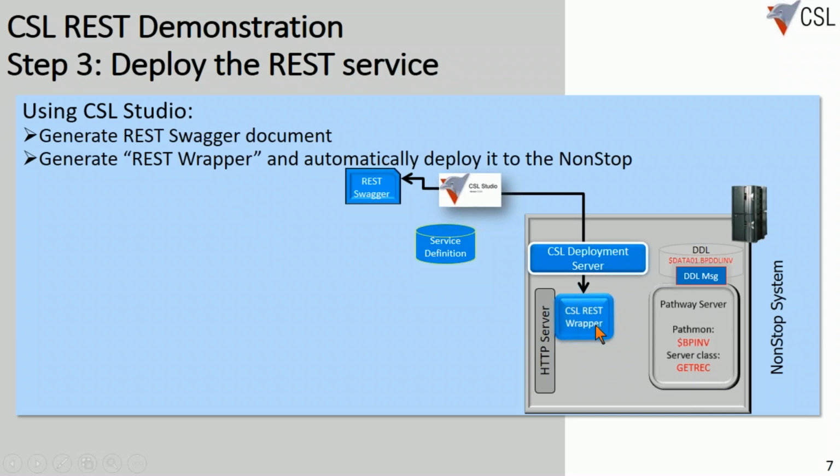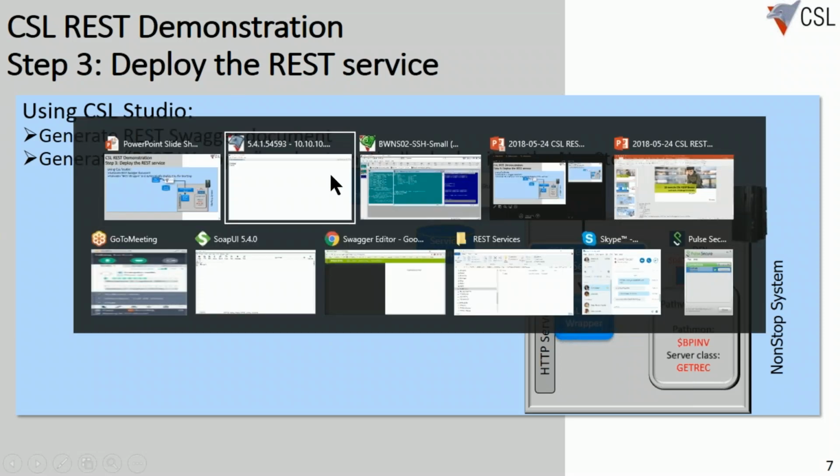So the swagger document is very important. We'll also then be generating from the service definition and deploying a CSL REST wrapper. This is deployed as a pathway server class. And again, the job of this wrapper is to act as that gateway between the open world and the REST environment out here and that NonStop application. So that's our third step. Let's go do that with CSL Studio.